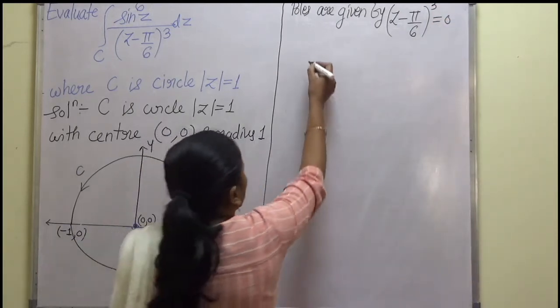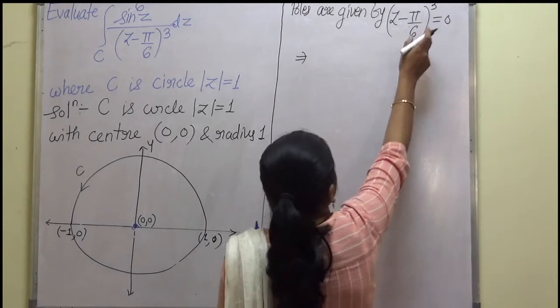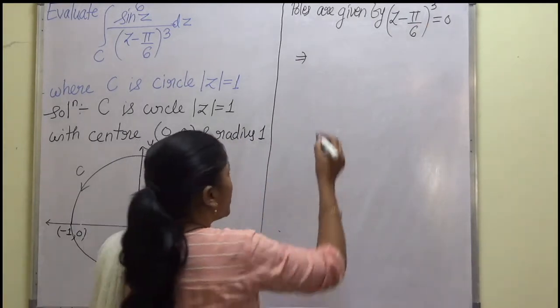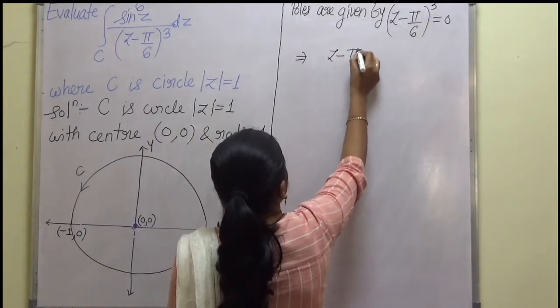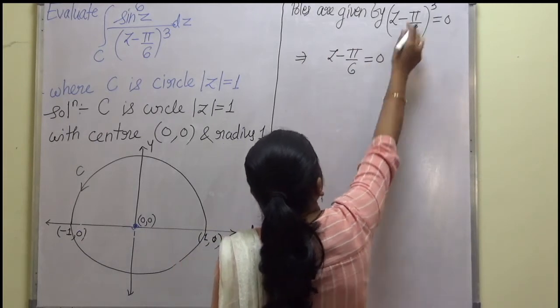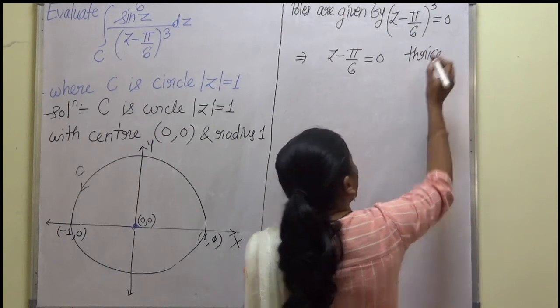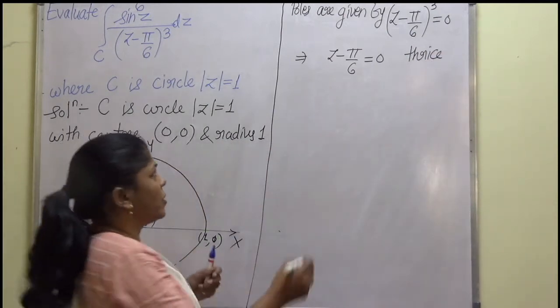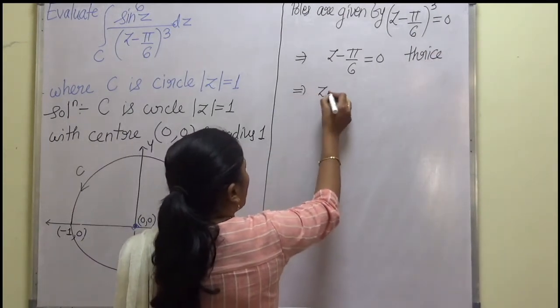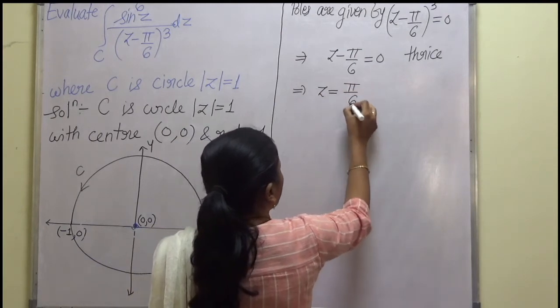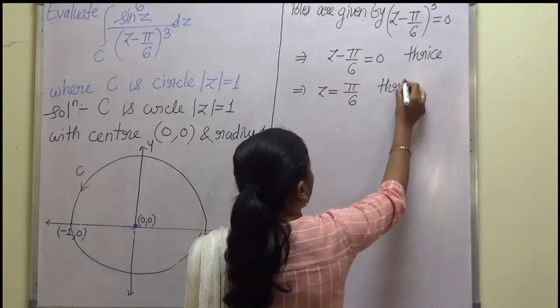Now, z minus pi by 6 whole cube is 0. What does it mean? It means z minus pi by 6 is equal to 0, as power 3 is there. So this will be 0 how many times? Three times, thrice. So this gives z equal to pi by 6, 3 times. I am getting the value of z 3 times.